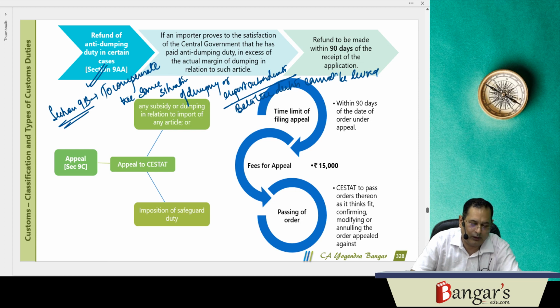The same cannot be levied together to compensate the same situation of dumping or export subsidization.